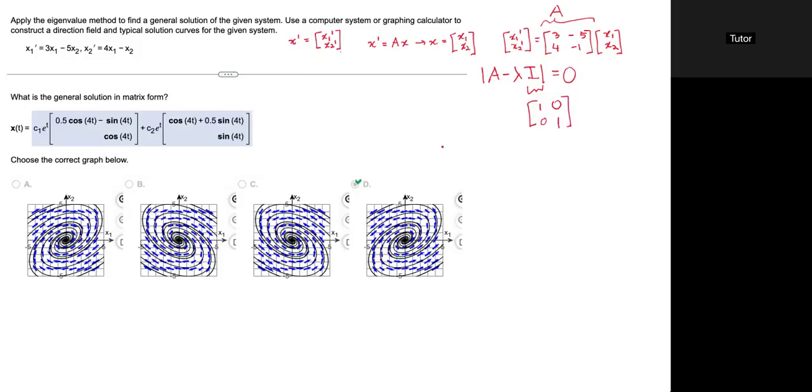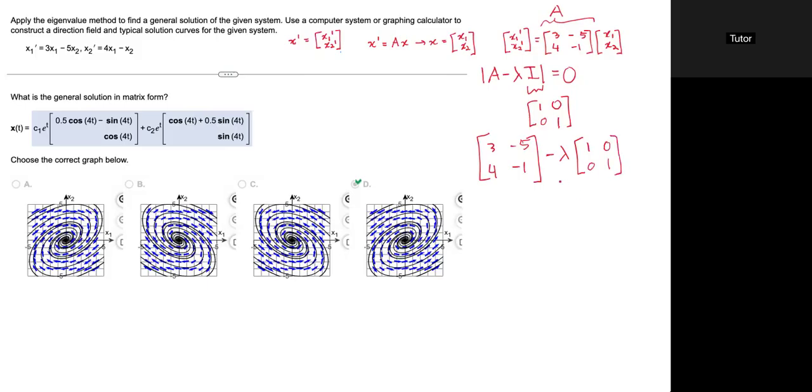So basically, first we have to calculate A minus lambda I. So we have 3, -5, 4, -1, minus lambda times identity matrix 1, 0, 0, 1.